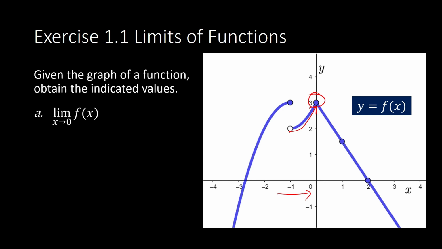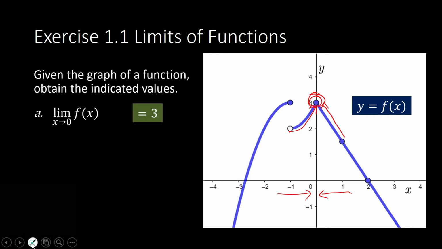What is the limit of our function as x approaches 0 from the right? So we shall pay attention to that point. So that means the value of our function as x approaches 0 from the right is also equal to 3. So the one-sided limits are equal. Conclusion: the limit exists as x approaches 0 and it is equal to 3.